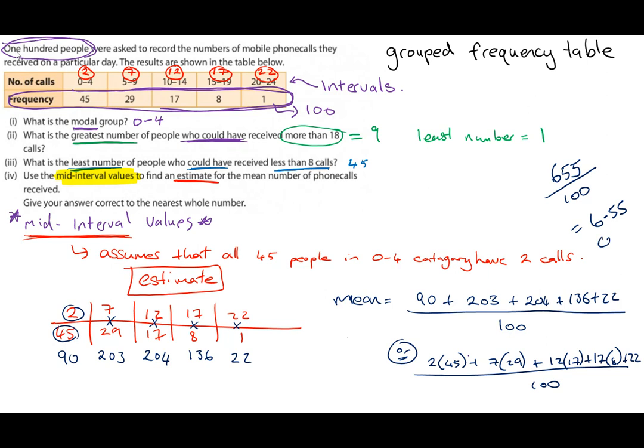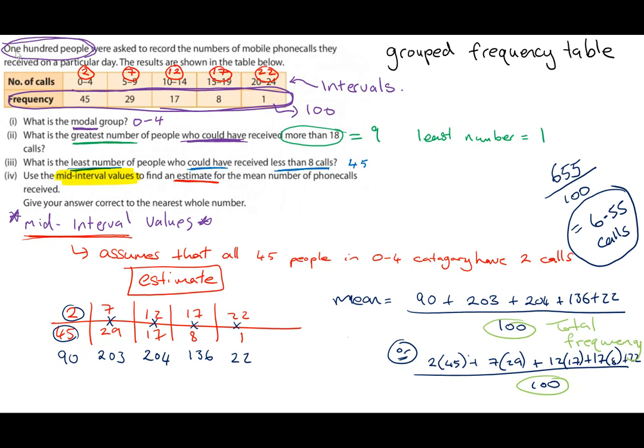So the mean number of calls actually lies in the second interval. Remember, it's not 5 that goes down here because there's 5 sections. It's the total frequency. This is my estimate for my mean in this case.